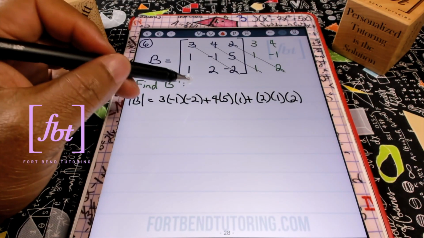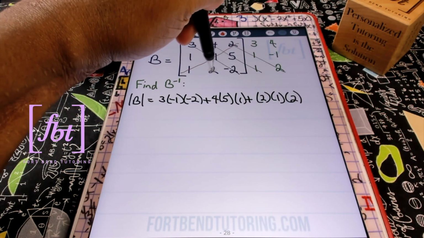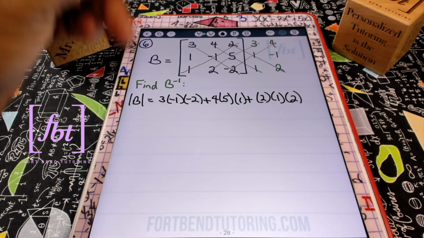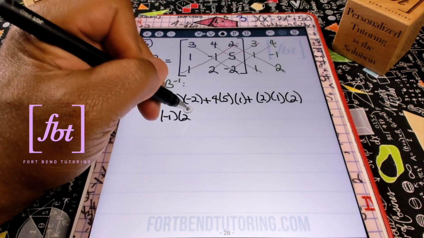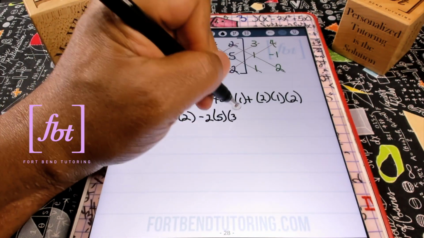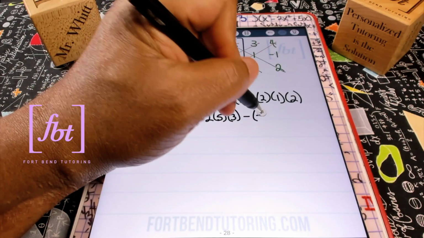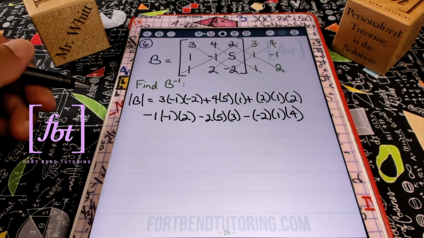We'll subtract from the sum of products with the diagonals going up to the right, just like this. So we'll say minus 1 times negative 1 times 2, minus 2 times 5 times 3, minus negative 2 times 1 times 4, just like that.